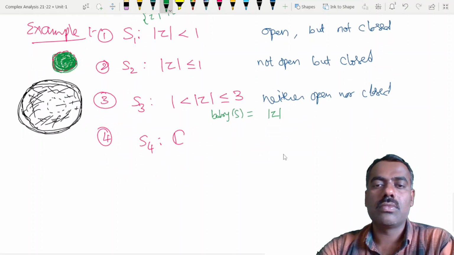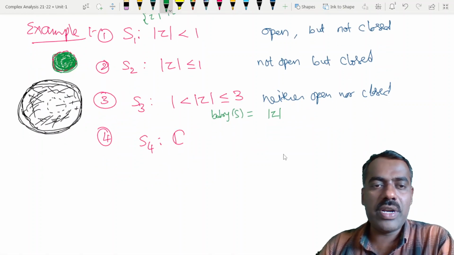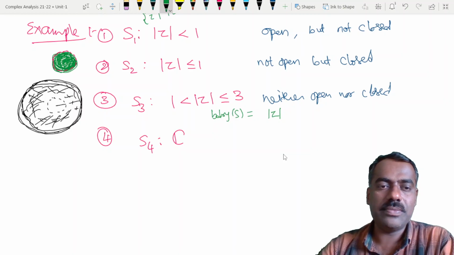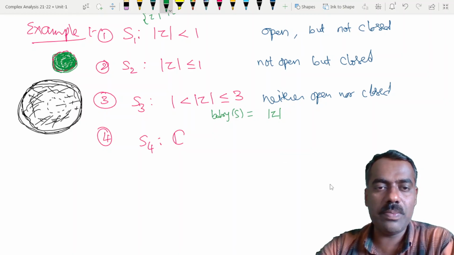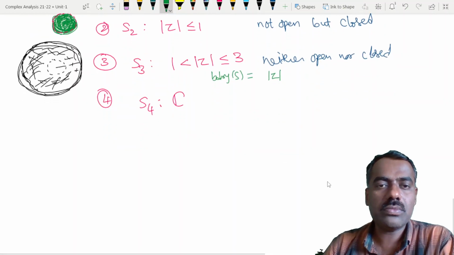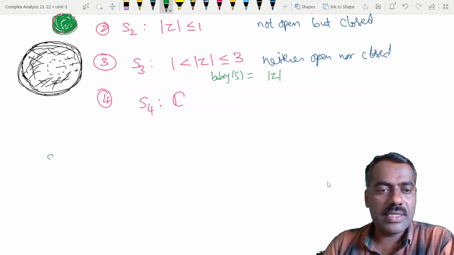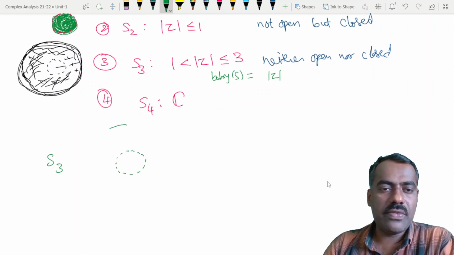So, what can you say about the boundary? What are all the boundary points for this S3? Can I draw this picture again bigger to understand better? Let's write this S3. So you have this one and the other one.